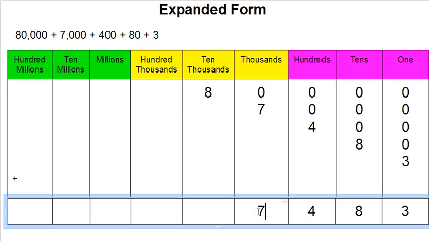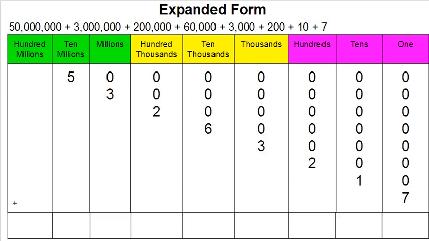Now I'm going to put my comma after it, because usually between each period, between my ones period and my thousands period, I put a comma. And 8, adding nothing else here, is just 8. So see, 80,000 plus 7,000 plus 400 plus 80 plus 3 is 87,483.